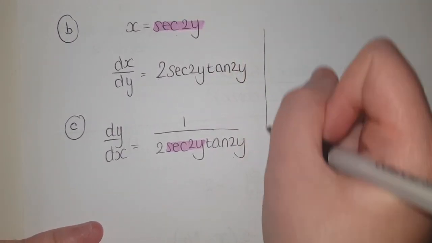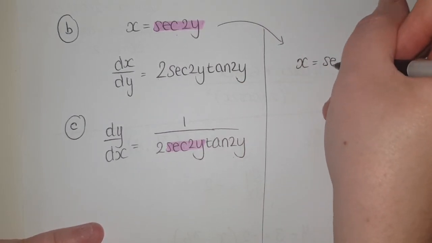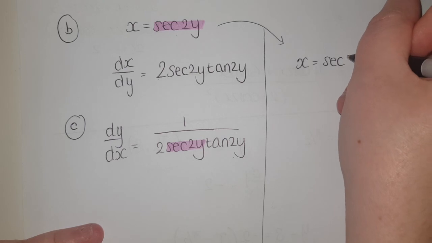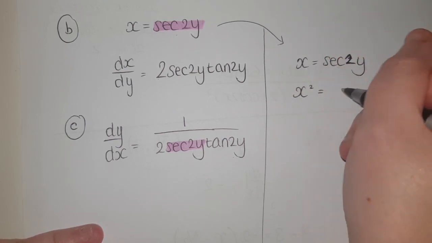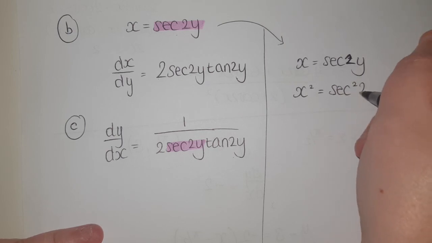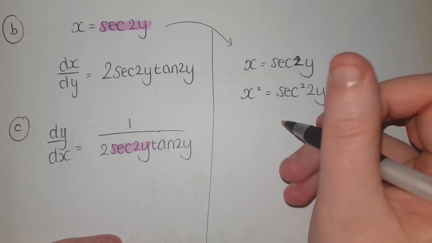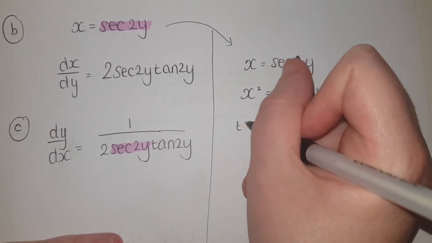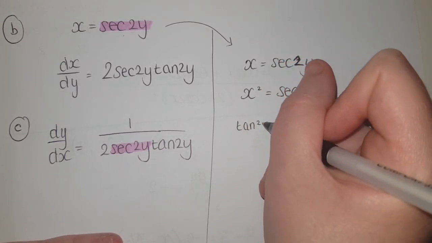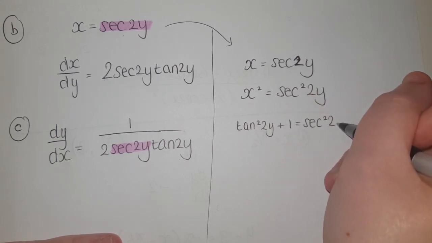So if I use this equation, if I know x is equal to sec 2y, then if I square both sides, x squared is equal to sec squared 2y. The reason for that is I know from my identities, my squared identities in particular, that tan squared 2y plus 1 would be equal to sec squared 2y.